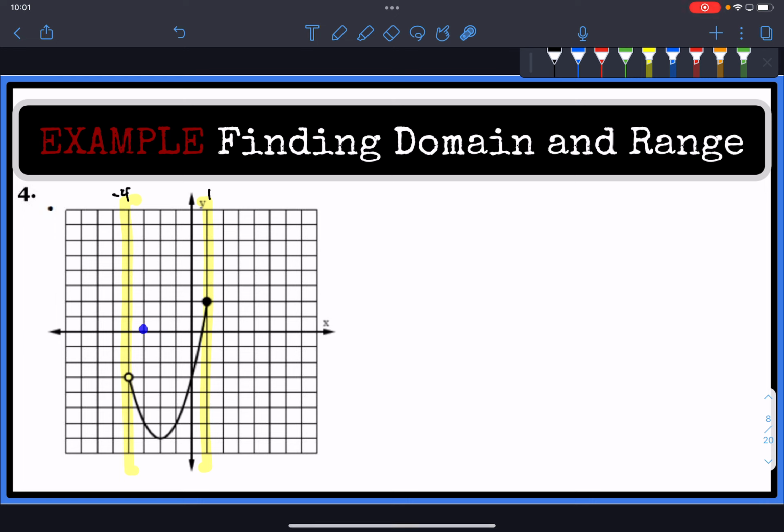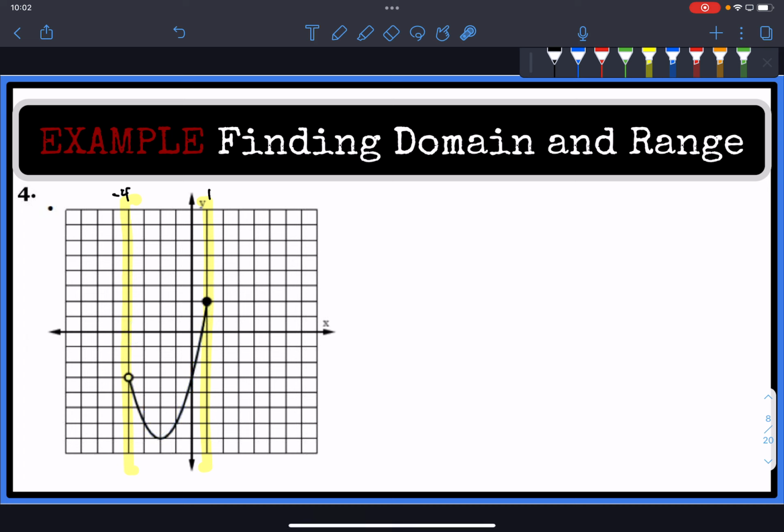And those are not the only numbers that make up this graph for x. This graph has x coordinates between those, so it's an infinite number of x coordinates between here and here.